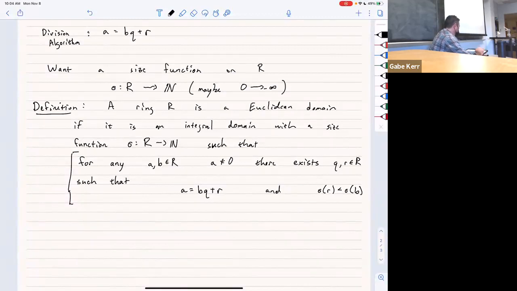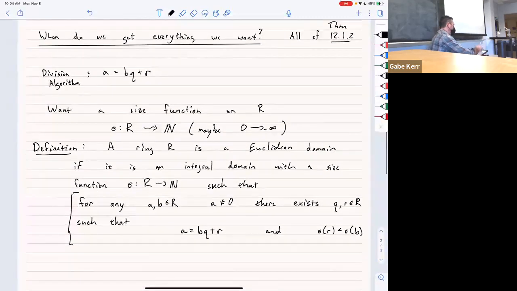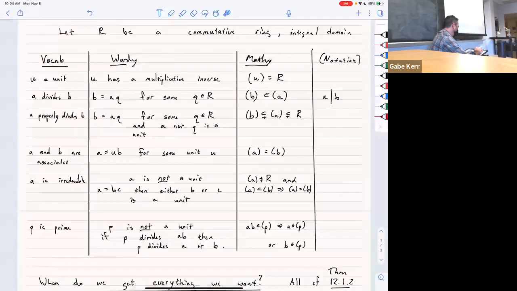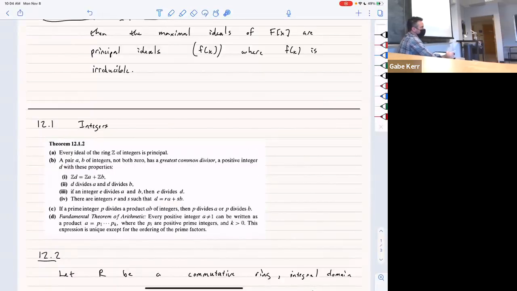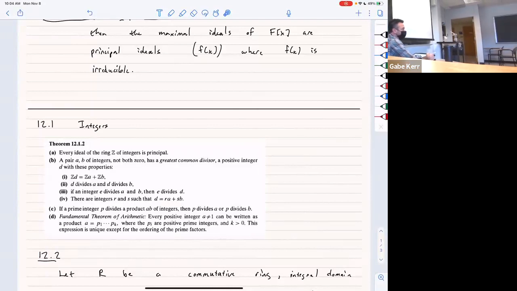What I want to say is this notion does indeed give us everything. Not only does it give us everything we want, it gives us everything we want without almost any more work than we already had put in. The theorems that you prove for 12.1 really hinged on having this division algorithm.